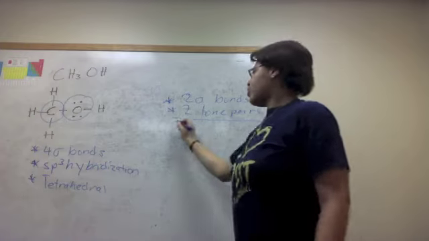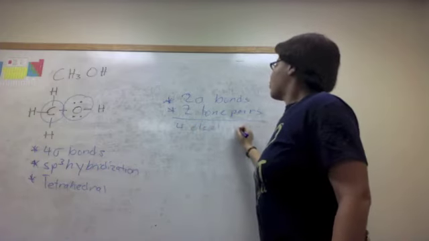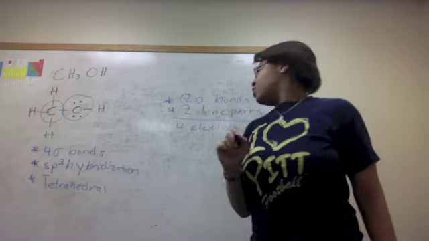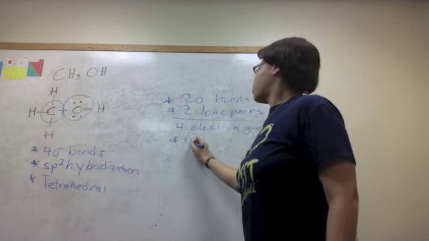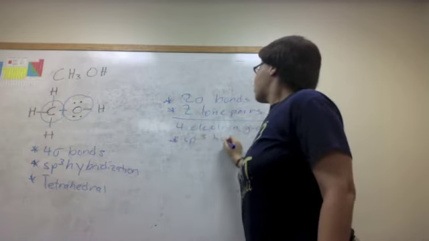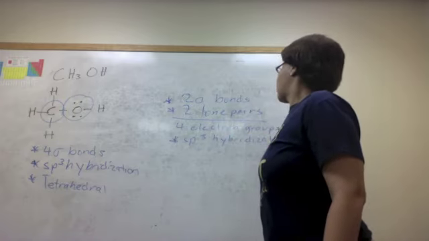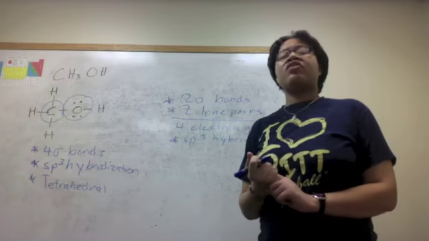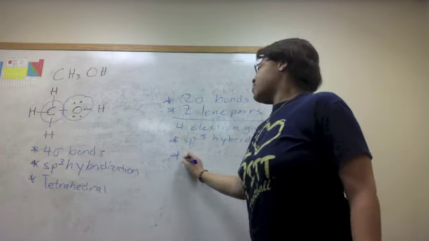This is a total of 4 electron groups. This also corresponds to sp3 hybridization. However, since 2 of those electron groups happen to be lone pairs, the molecular geometry will be bent.